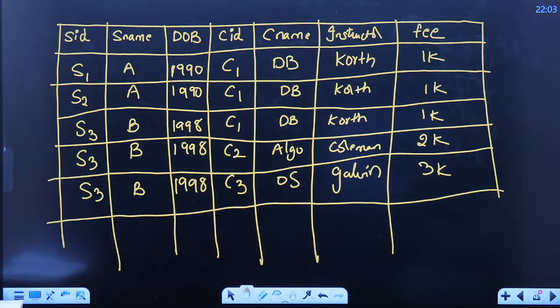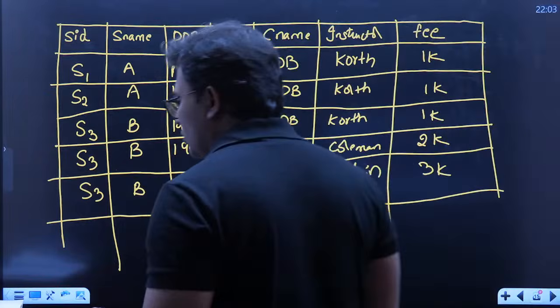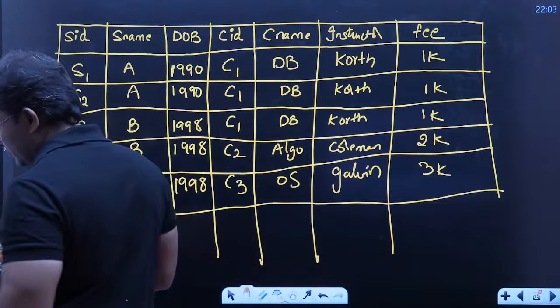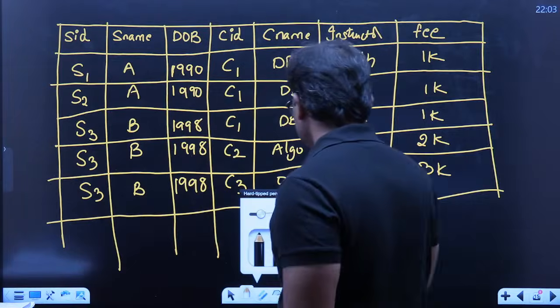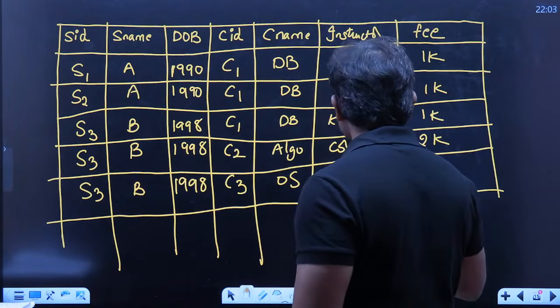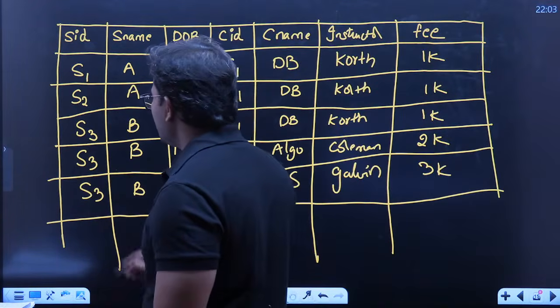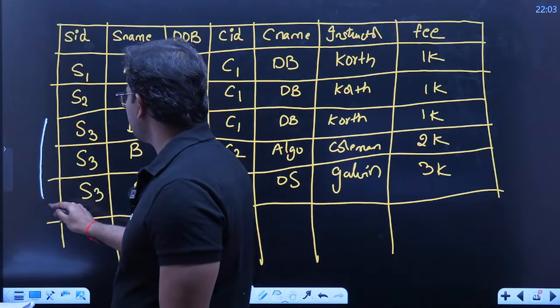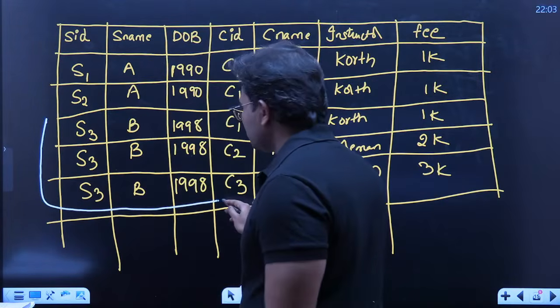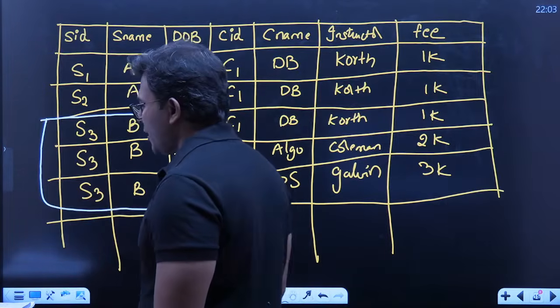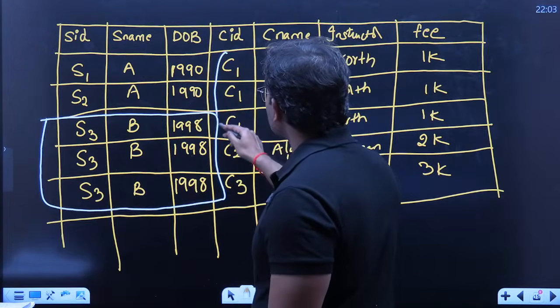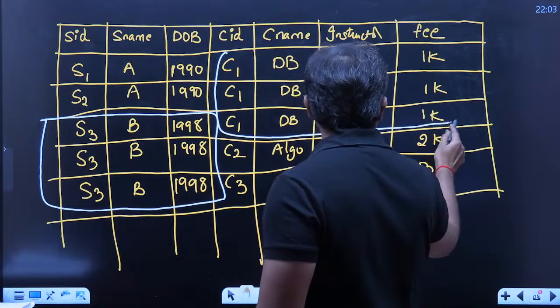Okay, now you can see that there is a lot of redundancy here. What is redundancy? If you see, this part is redundant, it is repeated 3 times, and this part is also redundant.